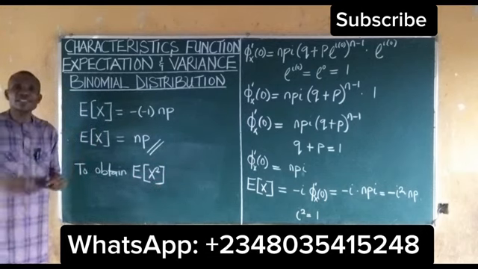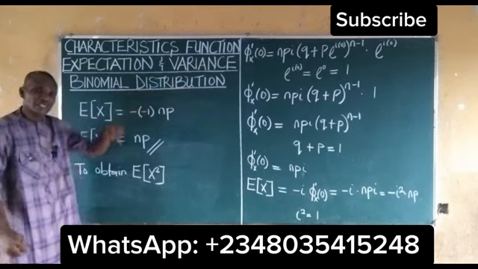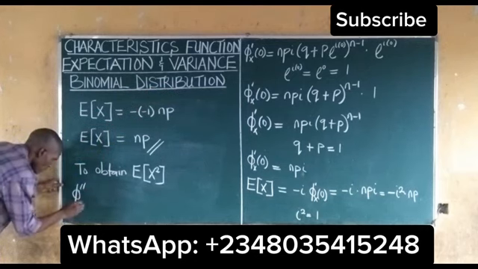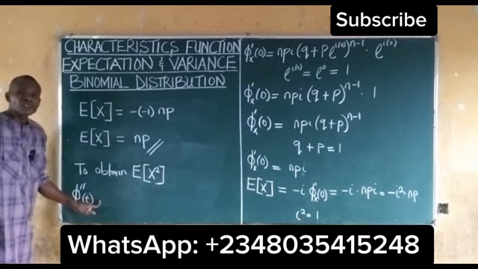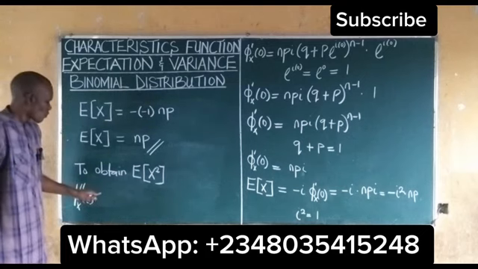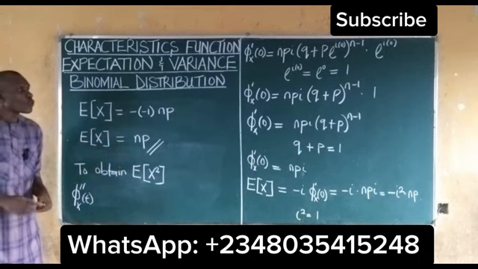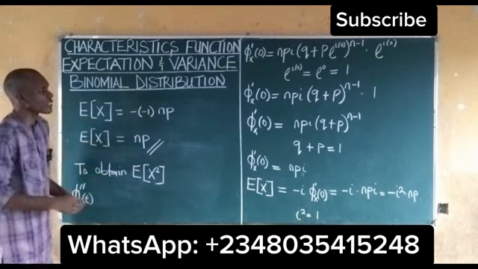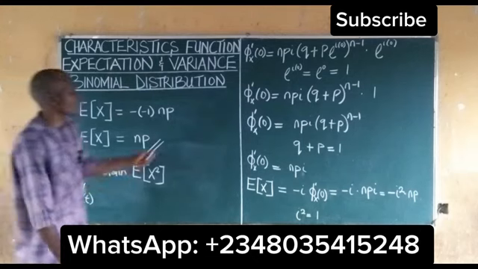We need to take the second derivative of our characteristic function. Now, for us to find this, there is something we need to do. We need to recall what we have first in our first derivative.